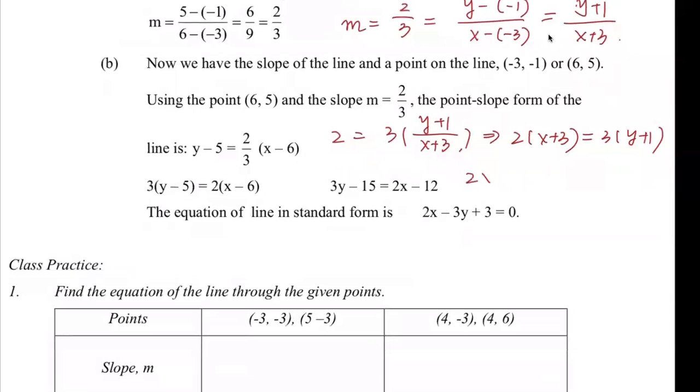So 2x plus 6 minus 3y minus 3 is equal to 0. Okay, 2x minus 3y plus 3 is equal to 0. This is the final answer.